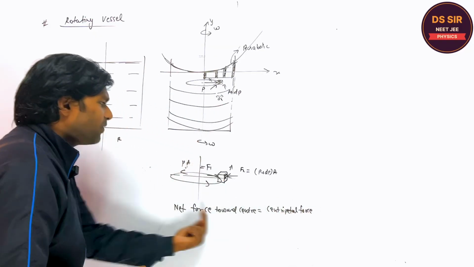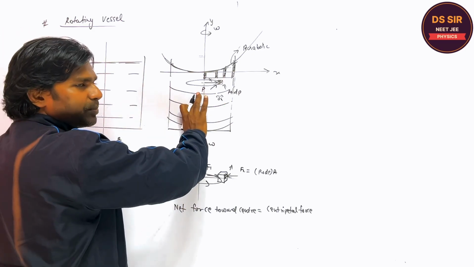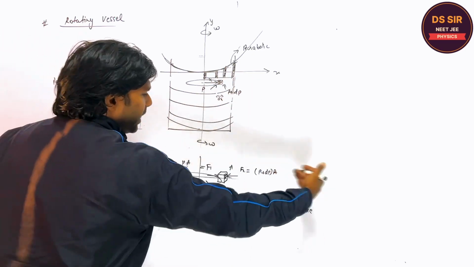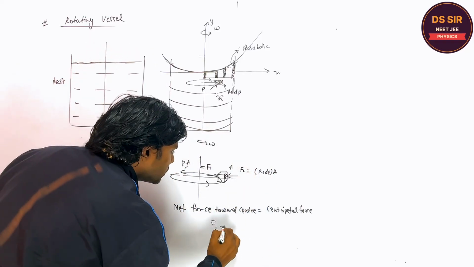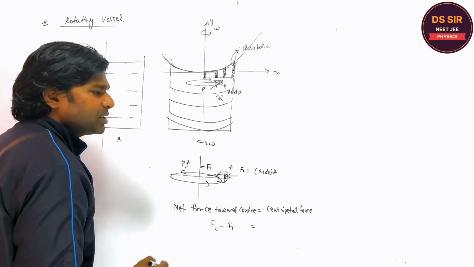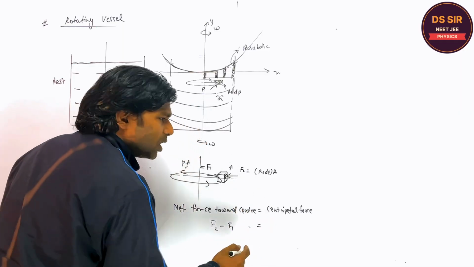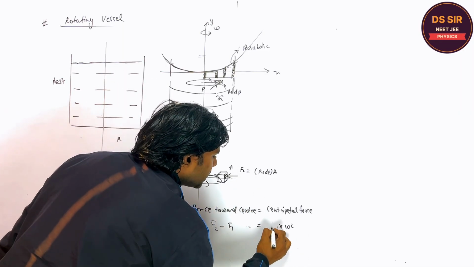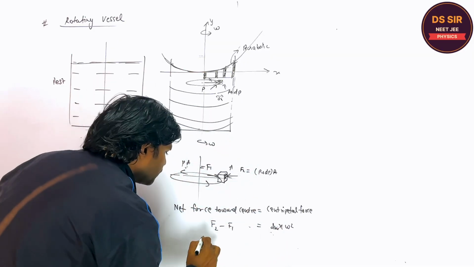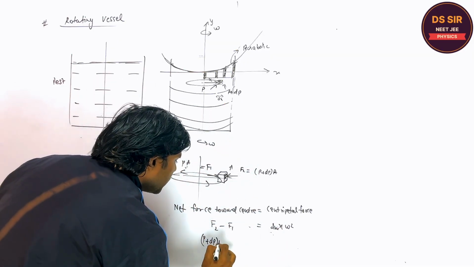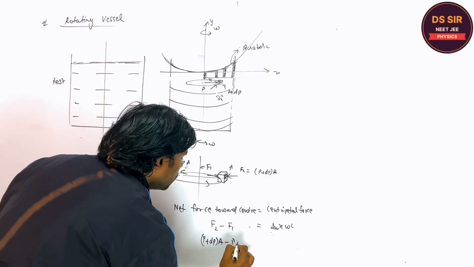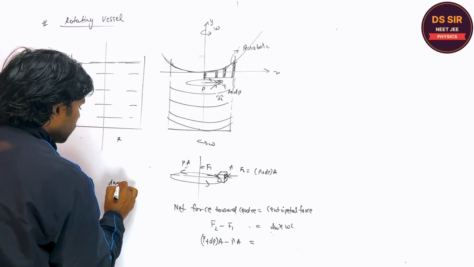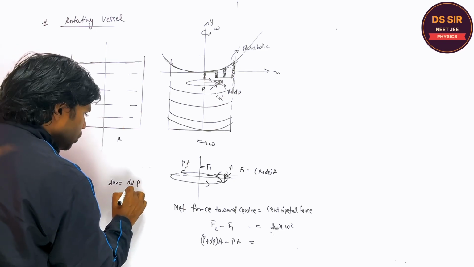Can you tell me what is the net force toward the center? If this side is pressure P and after distance dx the pressure becomes P plus dP, the net force is F2 minus F1. And what is the centripetal force? It is equal to mv square upon r or m r omega square. Is it clear or not? What is F2 minus F1? (P plus dP) A minus P into A is equal to dm times x omega square. What is dm? dm is equal to volume into density.